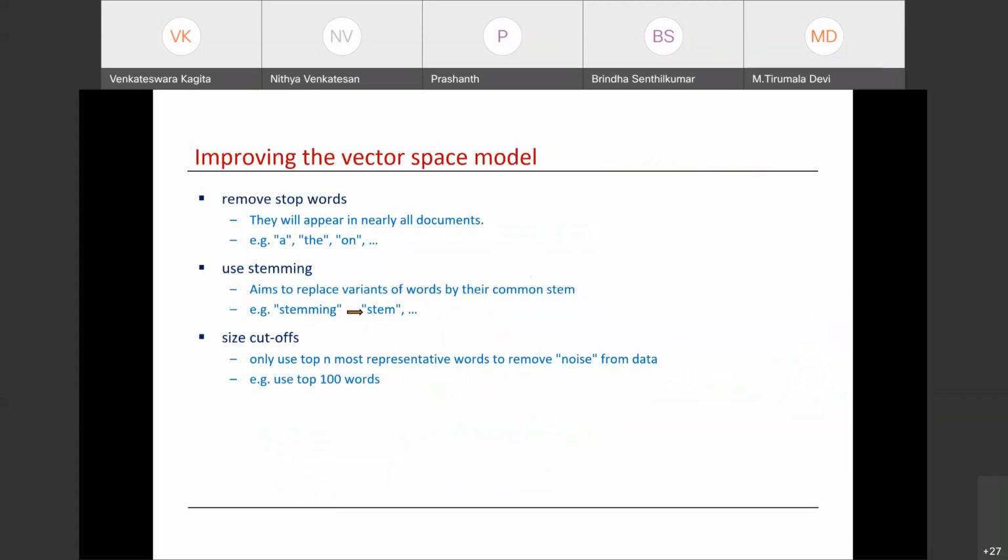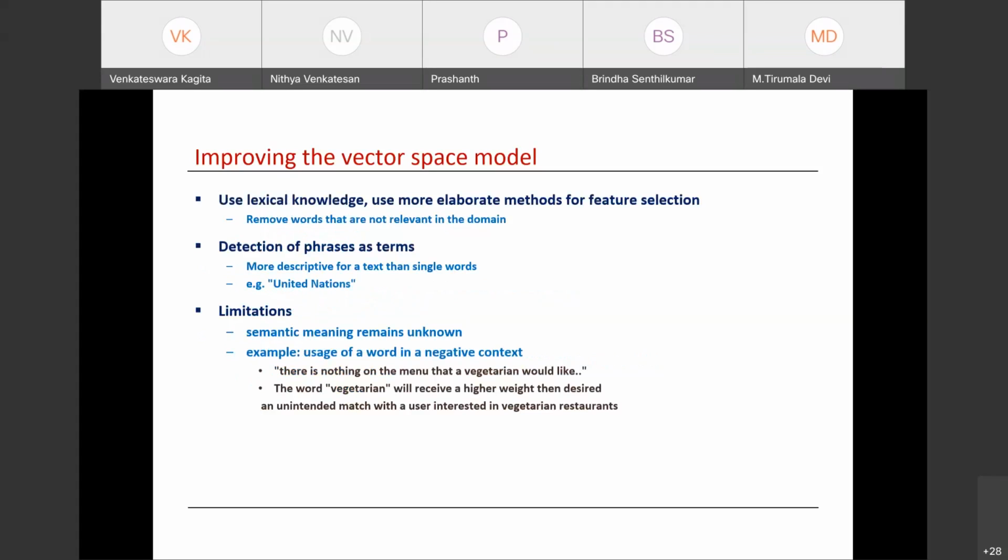Right, so there are some improvements to this vector space model. Remove the stop words, which appear in nearly all the documents, words like the, a, and, on. Use stemming and replace all the words with their stem, like stemming, stemmed, all these words can be replaced with a single word, stem, right? Use size cutoffs: you just pick the top most relevant words instead of using all the words, which makes the vector very sparse, right?